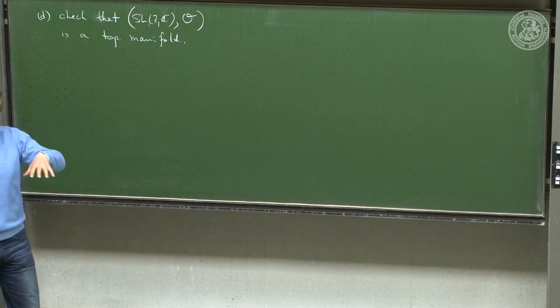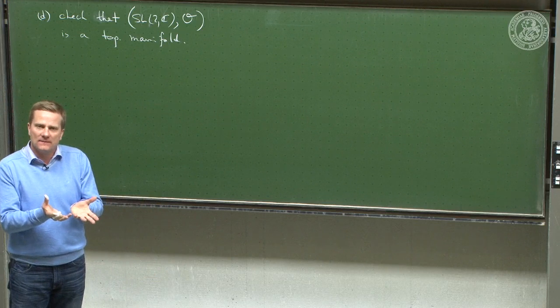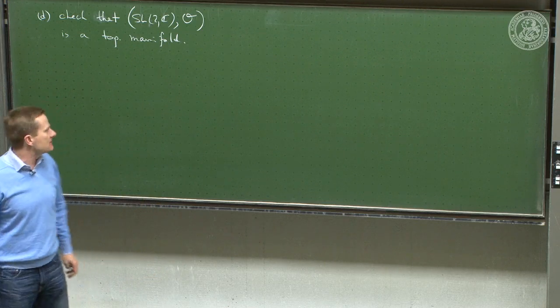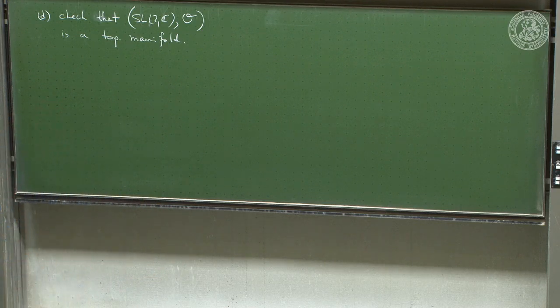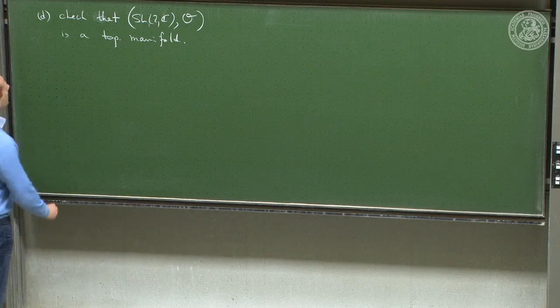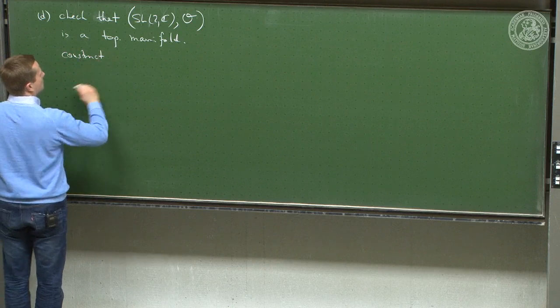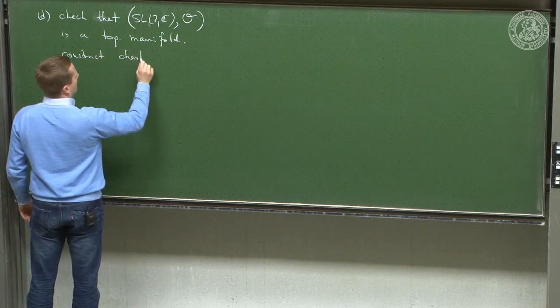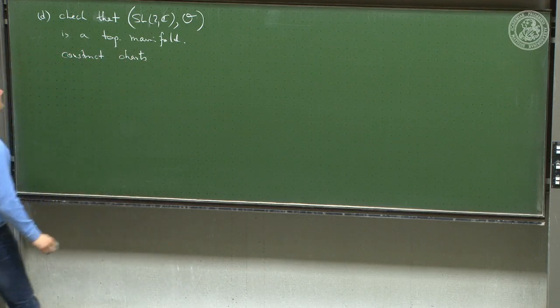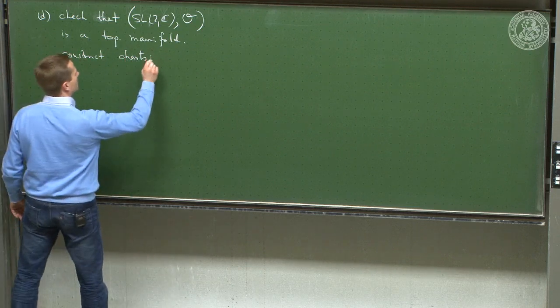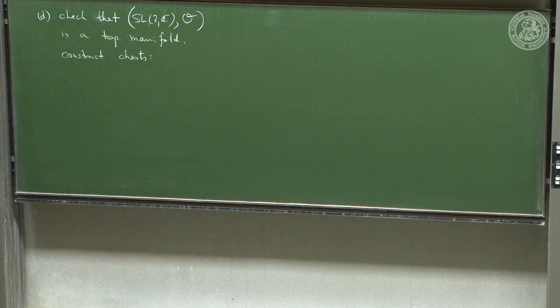I construct charts that cover the manifold, and where you have exactly this property, and if it covers, then of course you can do it for every point. So construct charts. Let's see how many we need.